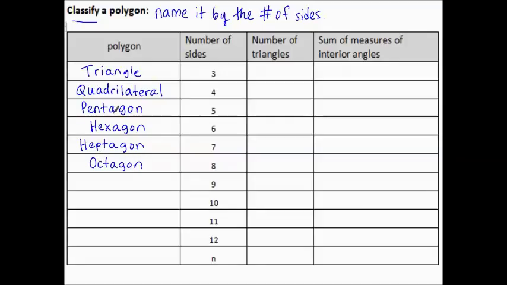Notice all of these are agon, agon, agon, agon. Please know that and spell it correctly. 9 sides is a nonagon.